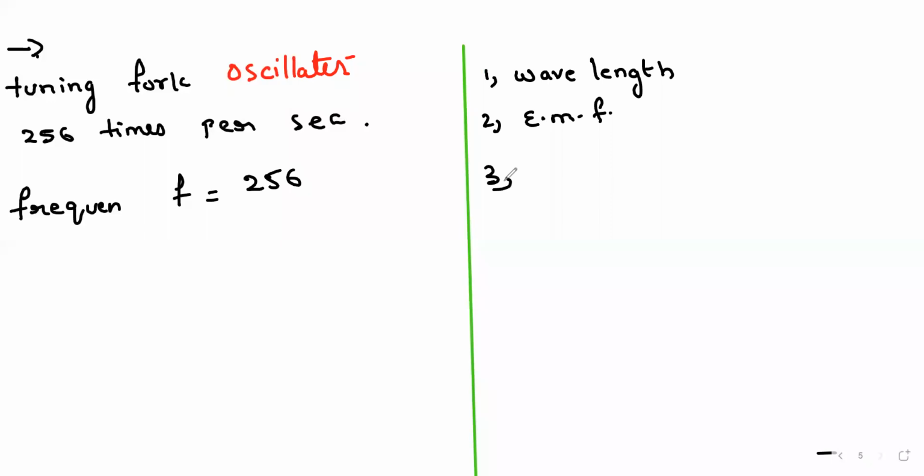Amplitude. Okay. So it is still frequency. A tuning fork oscillates 256 times per second. It's still frequency. So vibrations, oscillations, you have to take it as frequency.